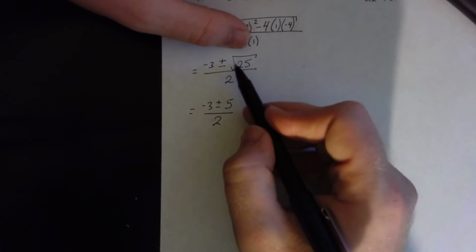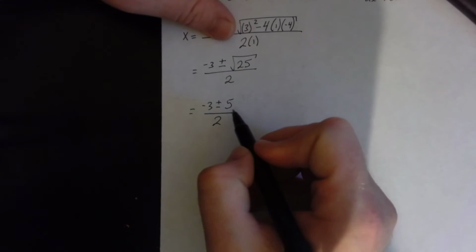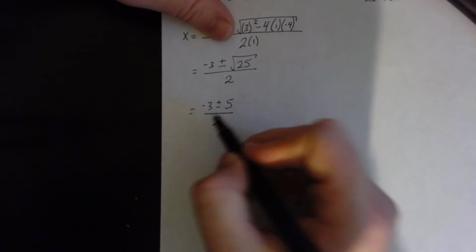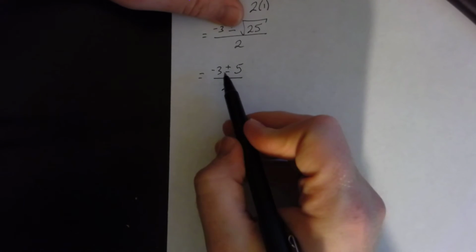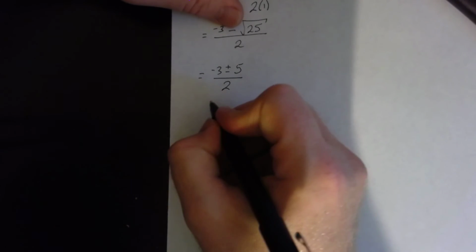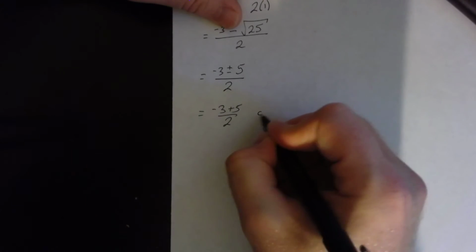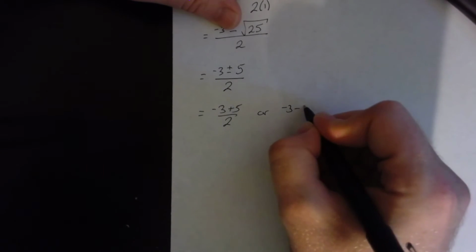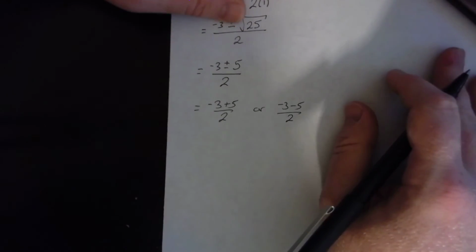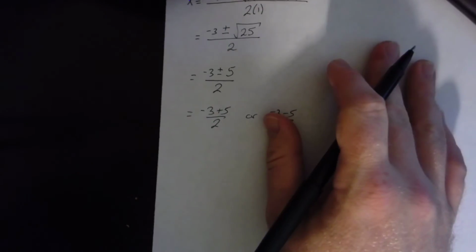In some cases, this radical won't disappear, so you'll have something that looks like this as a final solution. However, in this particular case, because the radical disappeared, I can view this as negative 3 plus 5 over 2, or the solution of negative 3 minus 5 divided by 2. And these will both be solutions to my quadratic equation.